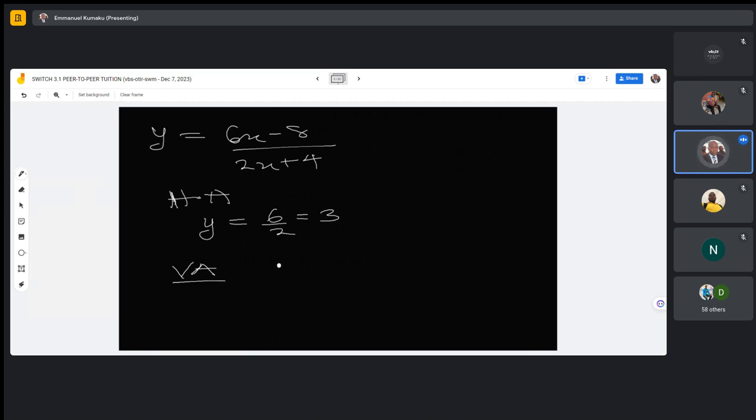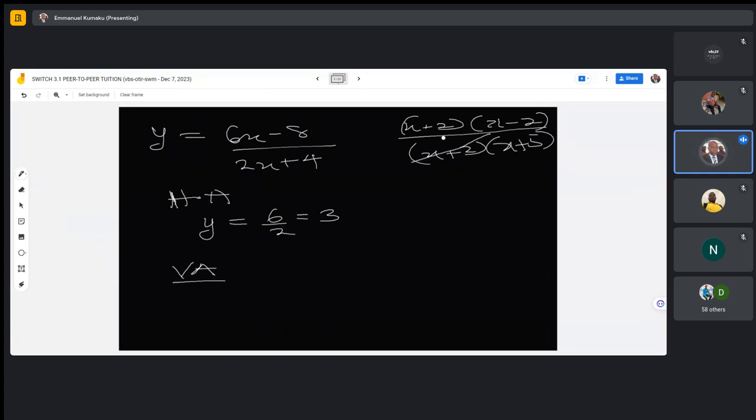As I said earlier on, before you do the vertical asymptote, you must always check whether there's a hole. A hole exists when you can factorize the top into two expressions, such as s plus 2, s minus 2, and then maybe the bottom s plus 2, s plus 5.